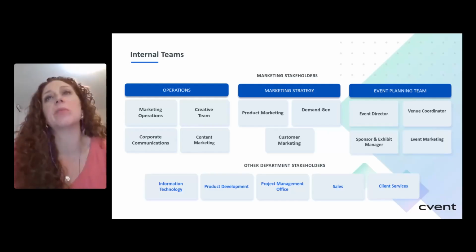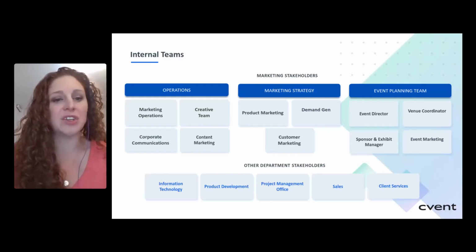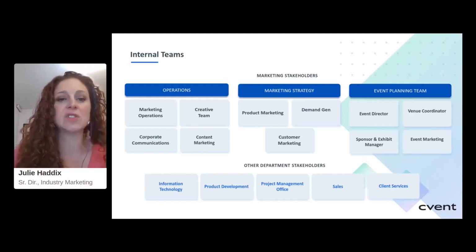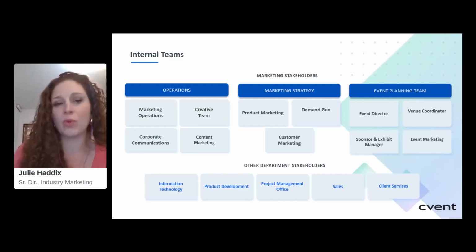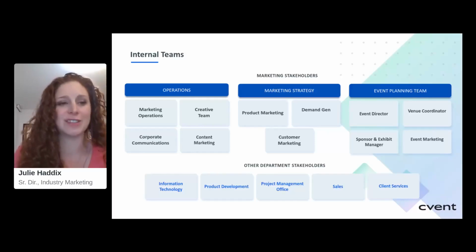But marketing can't plan a complex conference by themselves. And I do think that while the relationships within marketing are crucial to event success, so are the relationships with other key departments, whether that be your IT team, your product team, your project management or operations offices, the sales teams and client services teams.